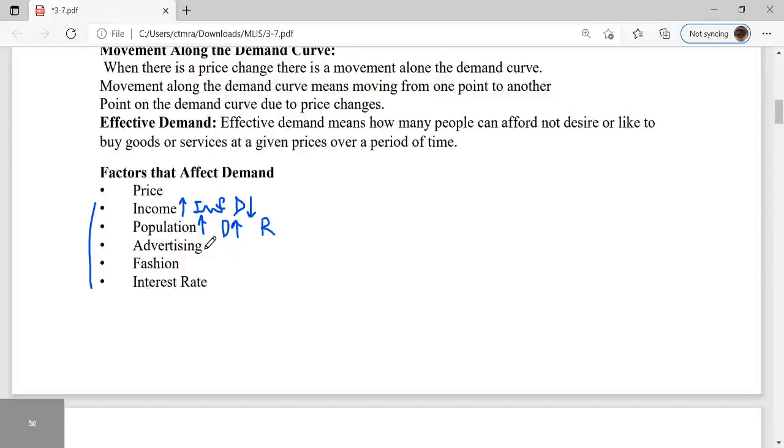To solve this, the government cannot directly interfere, so they run a negative advertisement against sugar. So what will happen? Demand for sugar will fall, so there will be a leftward shift.